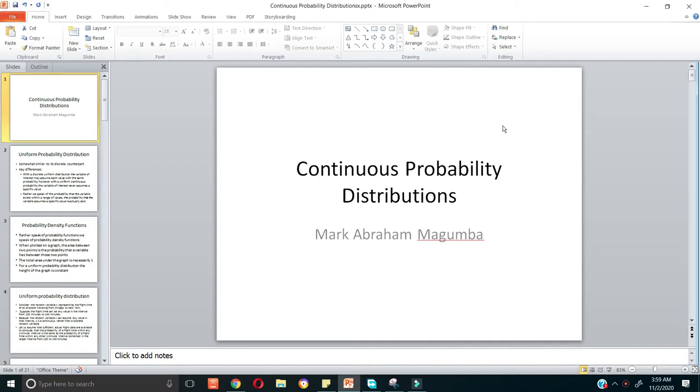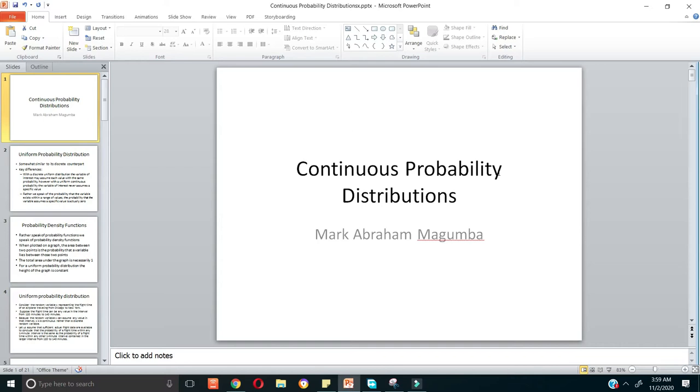But when it comes to a continuous probability distribution, the variable of interest can take on any value, and it is not possible for you to enumerate all the values that the probability distribution can take on. This usually applies when you're measuring most natural phenomena like time, weight, height, and so on and so forth.